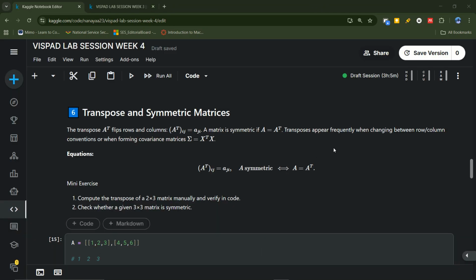So for a symmetric matrix, we are saying that the matrix itself and its transpose are the same.